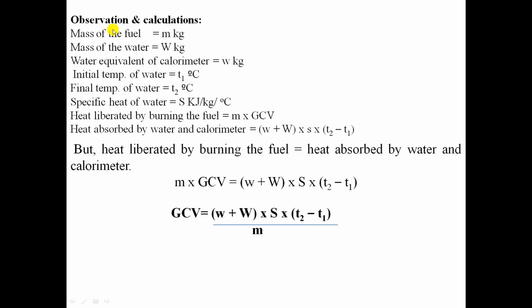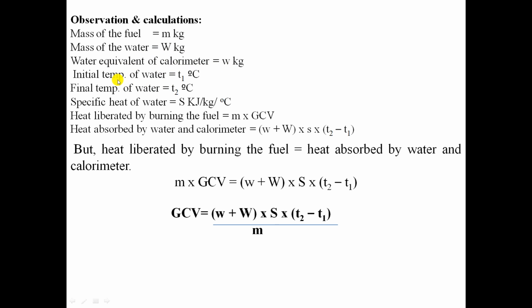Now we are going to discuss the observation and calculation. Mass of fuel taken in the bomb calorimeter experiment is m kg. Mass of water taken in the copper calorimeter is W kg. Water equivalent of calorimeter is w kg.